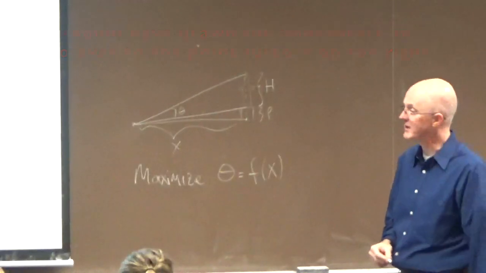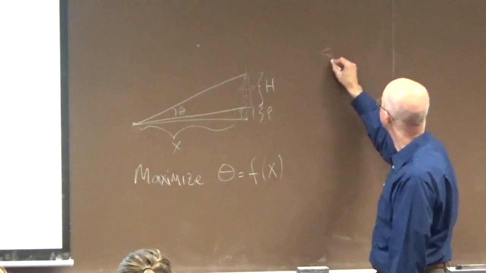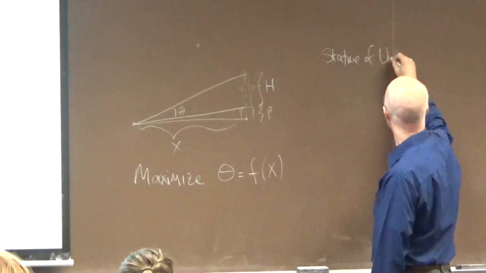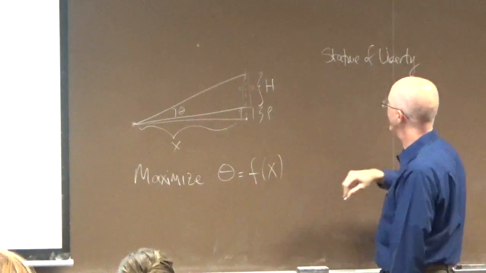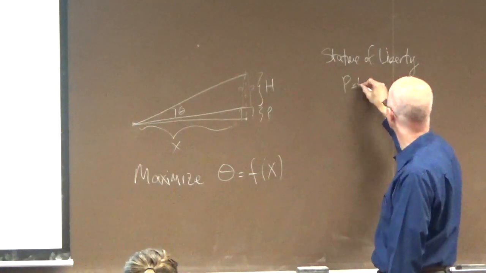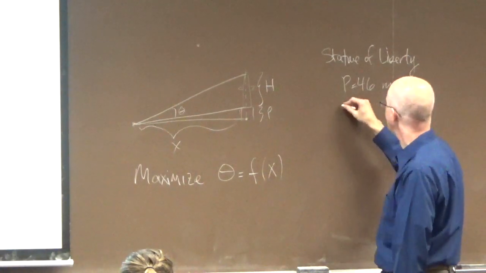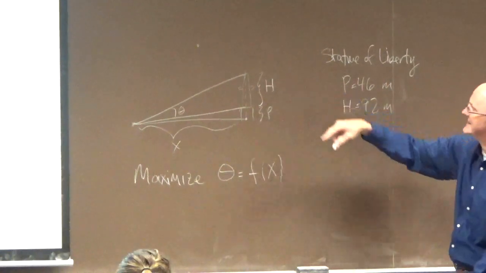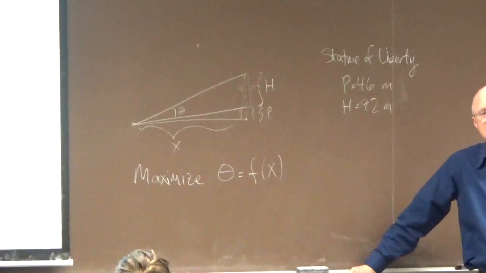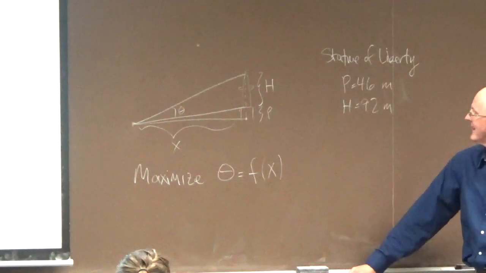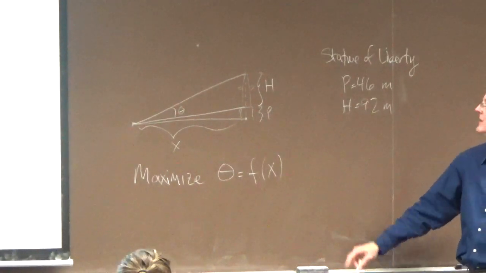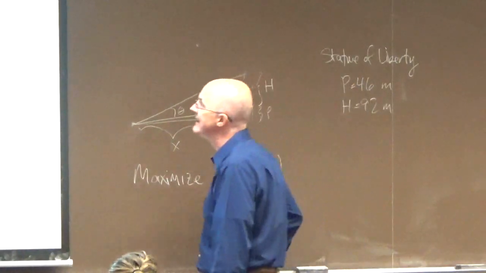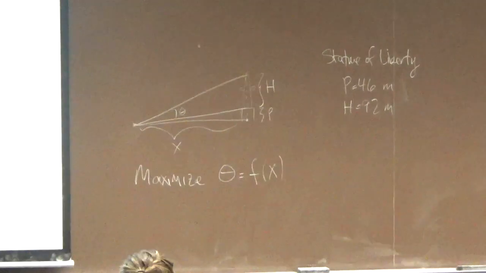For the Statue of Liberty, if I remember correctly, the book tells you that P is 46 meters and H is 92 meters, so that the Statue of Liberty is twice as tall as its pedestal, which seems kind of surprising. You probably didn't realize its pedestal was so high compared to the overall height. The pedestal is 1/3 of the overall height there. That's if we're trusting the book at least.